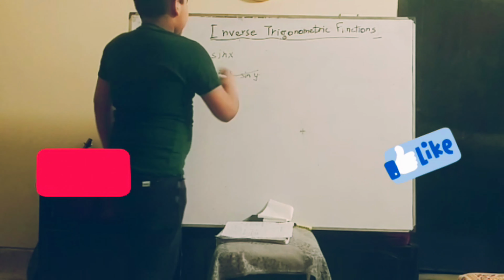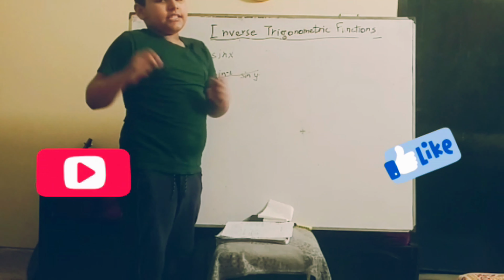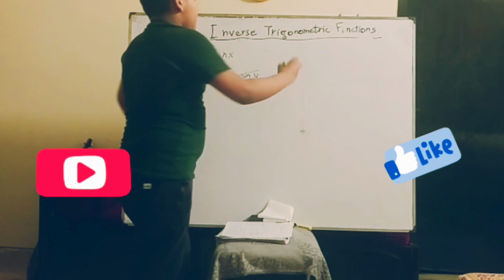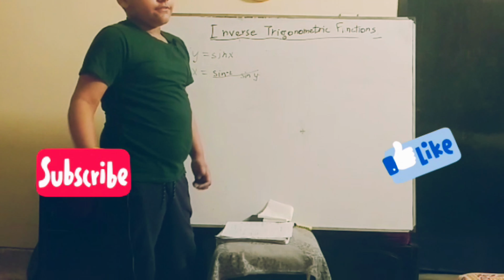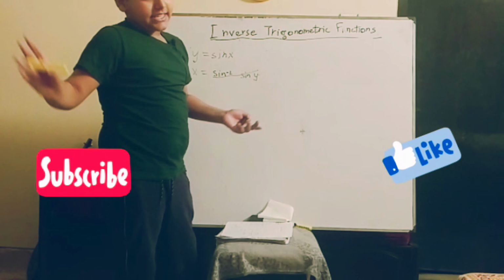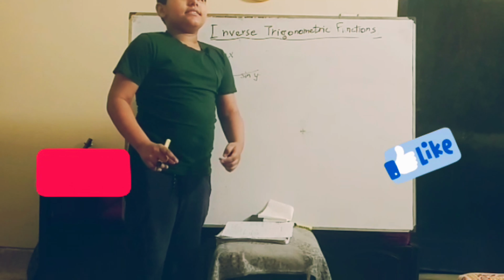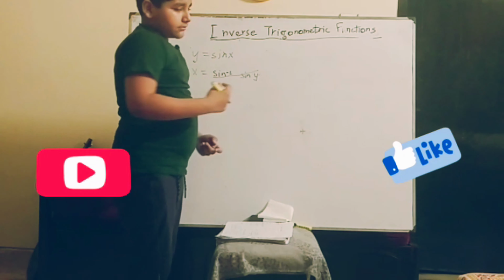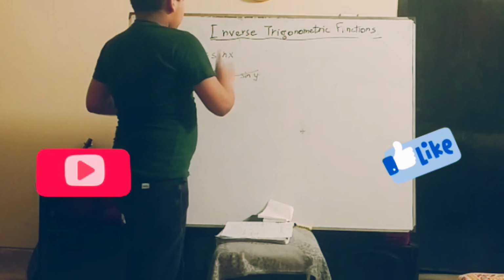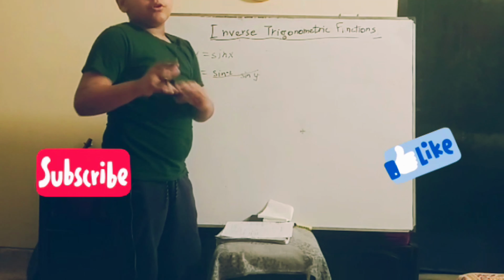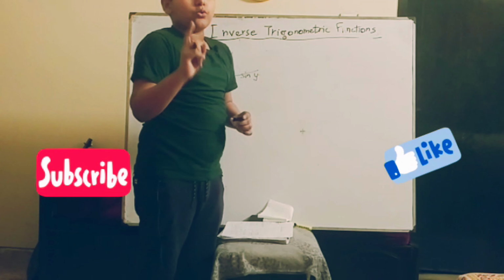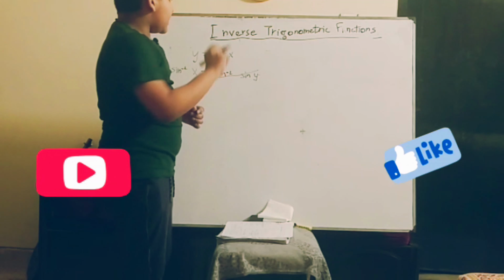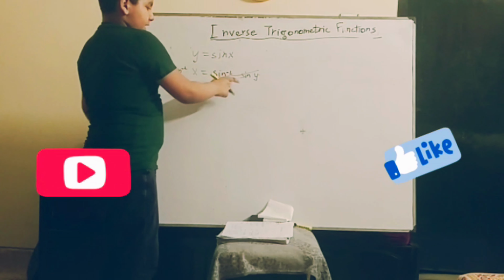Remember, the inverse sine is not the same thing as 1 over sine of x, or sine of y in this case, because that would mean this is a cosecant, but this is not a cosecant.